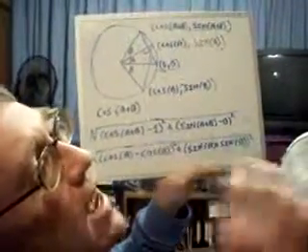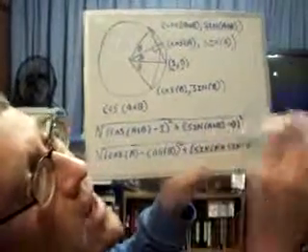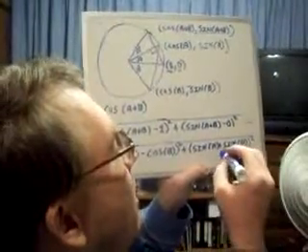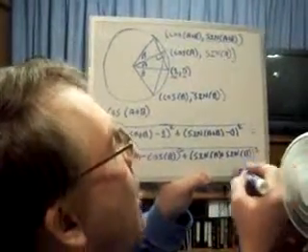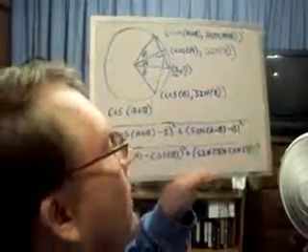And when you subtract a negative, you add a positive. So instead of subtracting the negative sine of B, we're just going to add the sine of B. That's where we get that from.